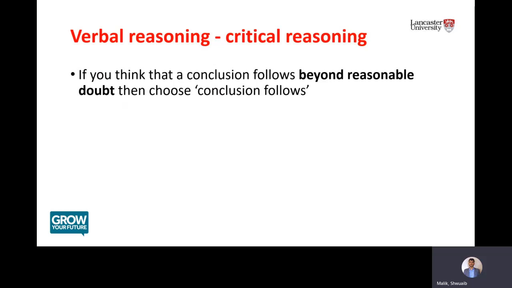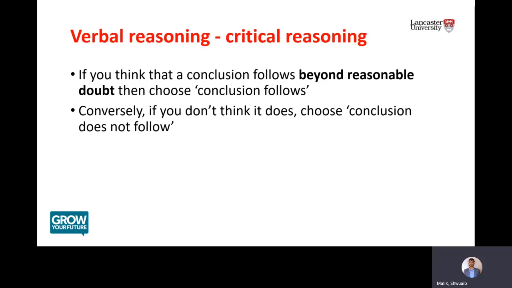So you don't have to be 100% certain in this particular case. It's just about whether you think the statement follows, based on the passage, beyond reasonable doubt. Then choose conclusion follows. And of course, if you don't think it does, choose conclusion does not follow. With this in mind, we'll have a go at a critical reasoning question.